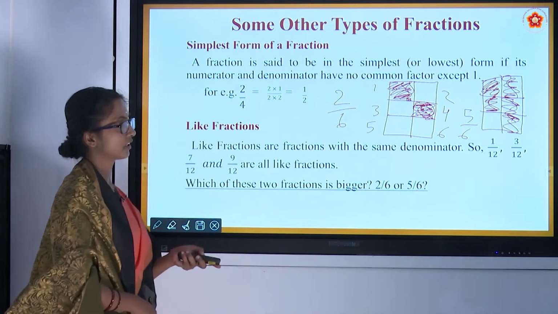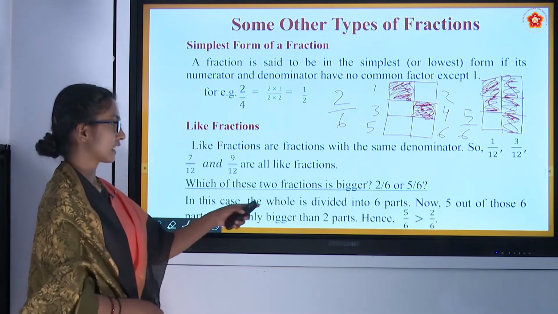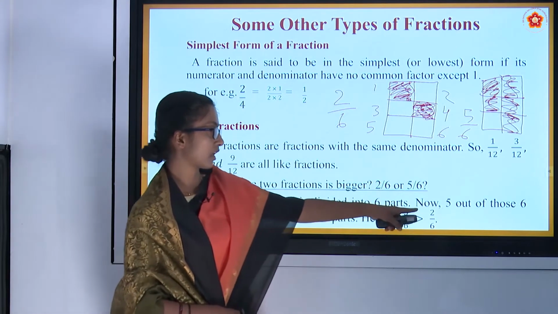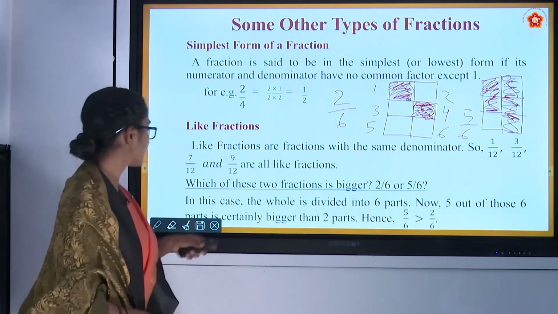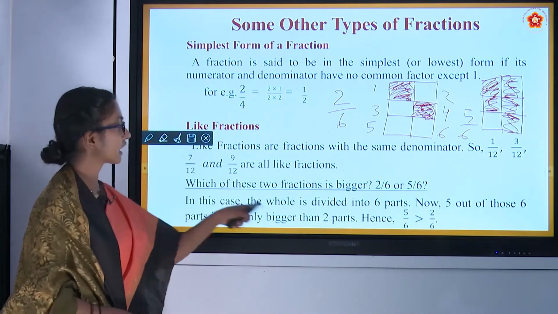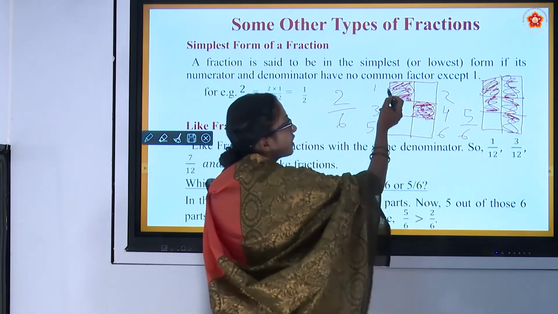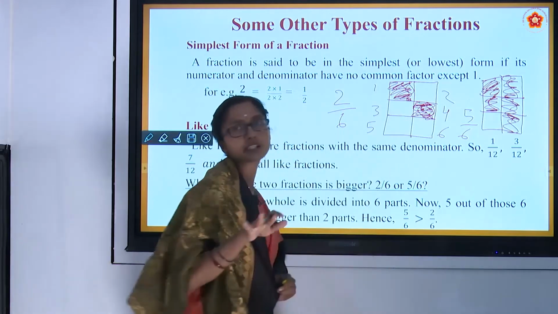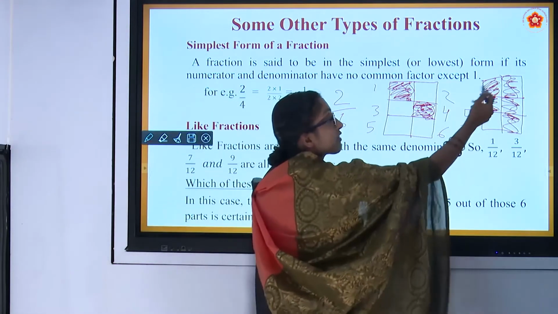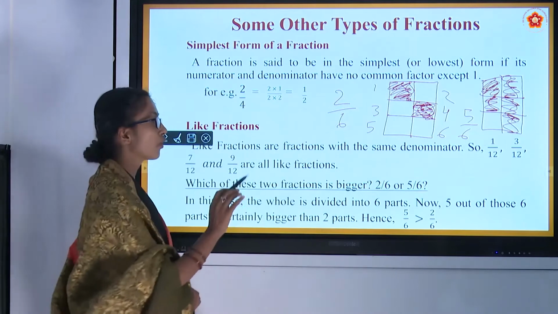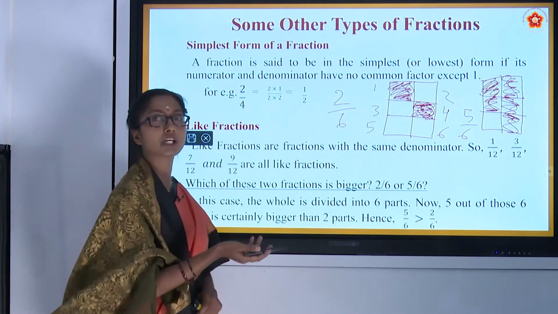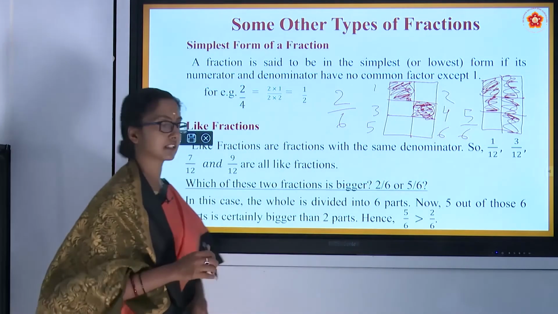Can you identify now? In this case, the whole is divided into 6 parts. 5 out of those 6 parts is certainly bigger than 2 parts. Among these two, in 2 by 6 only 2 parts are shaded, but here 5 parts are shaded. So 5 by 6 is bigger than 2 by 6.